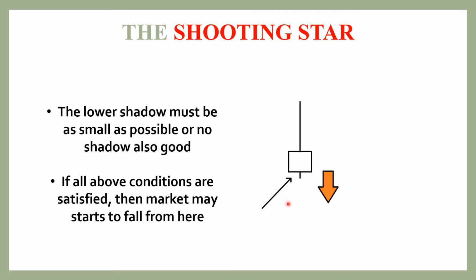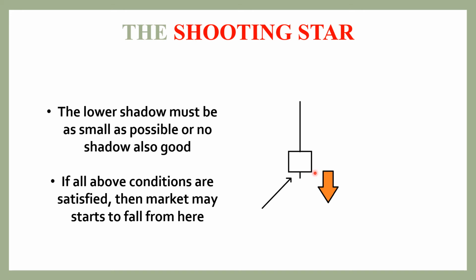If we find these conditions in the chart, we have to take the entry here, at the end of the shooting star. Wait for the candle to close. If it is a 15 minute candle, wait for that 15 minute candle to close. After closing, the shape of the candle will appear clearly.